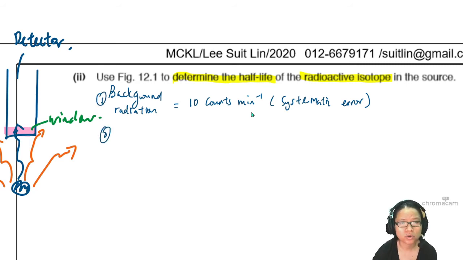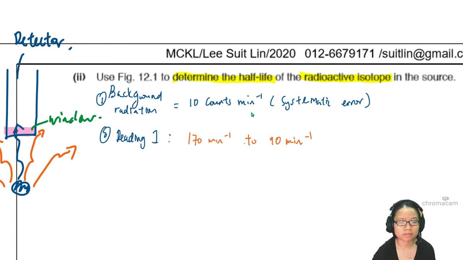Okay, so number one. Number two, because number one is 4 marks, number two is random. So we're going to take 2 readings. Reading 1, we will take the count rate of 172 or 170 minute -1 to 90 minute -1.